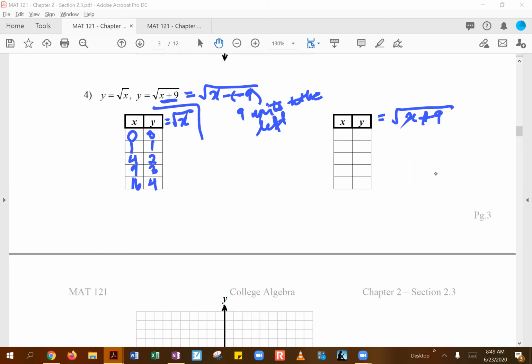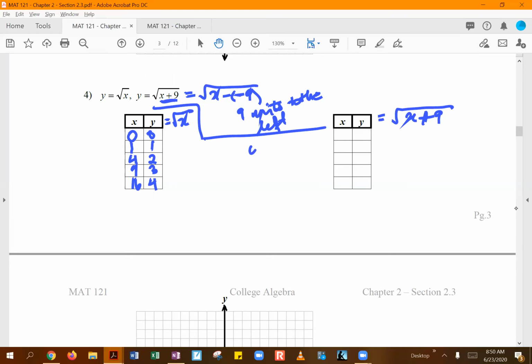Because now remember how we did in the previous example, our function will be moving 9 units to the left. So what that means is basically if you take all the x values we have in the original function and subtract 9 from each one of these. So let's see, if I did 0 minus 9, of course.